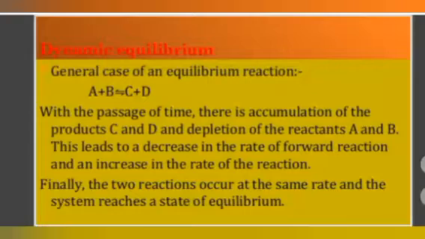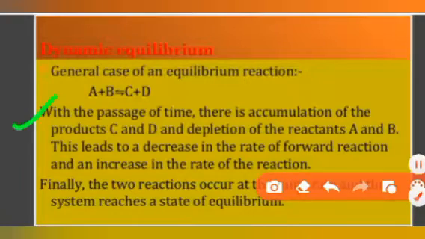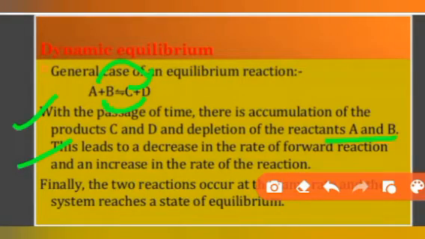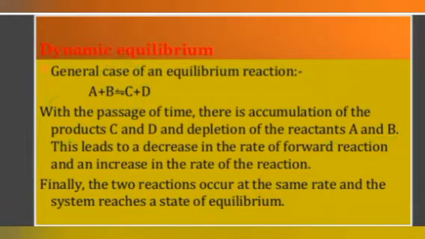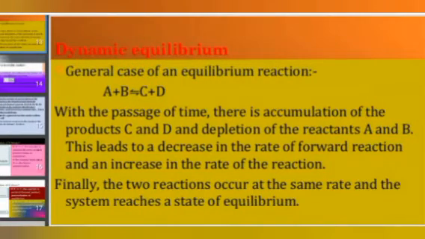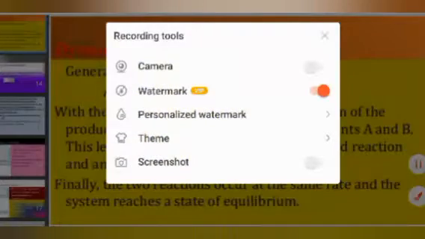The product C and D, which is depleting the reactant A and B, leads to a decrease in the rate of forward reaction. Yes, it will decrease the rate of forward reaction and increase the rate of backward reaction. Finally, the two reactions occur at the same rate, and the system is called the state of dynamic equilibrium.